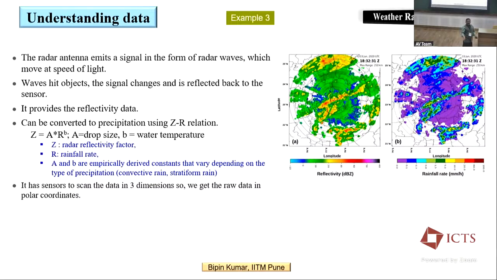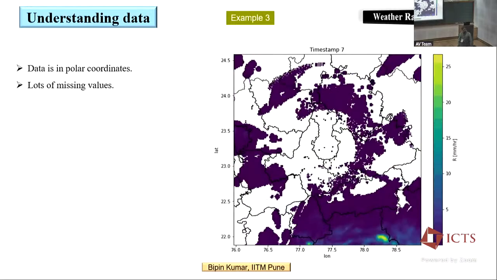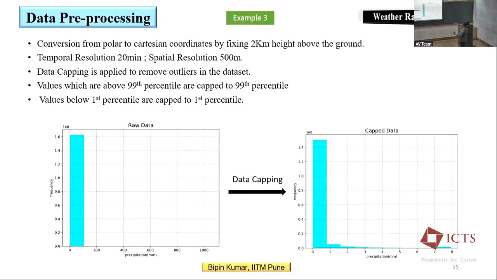So even if you get the data from a radar scientist with your choice of variable, they are not going to convert. So you first have to see what the coordinate is. This is the reflectivity to rainfall conversion. Then from polar coordinate to Cartesian coordinate you have to convert. Okay. And now you are in the Cartesian coordinate, and this is the distribution.